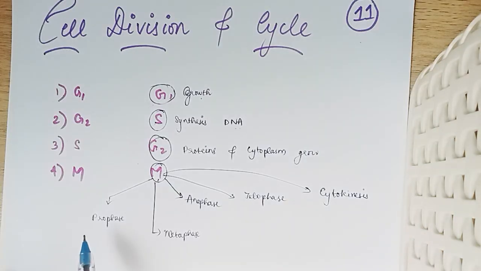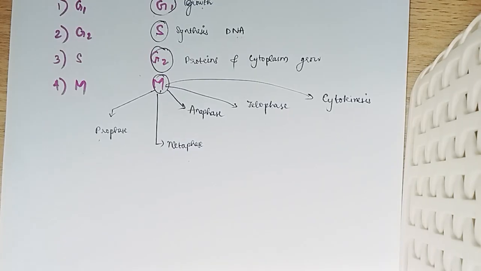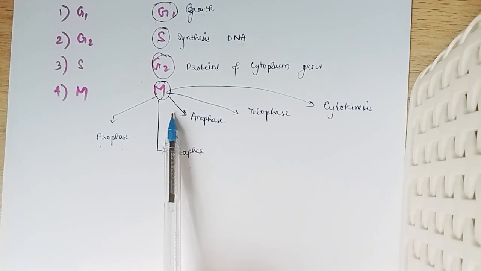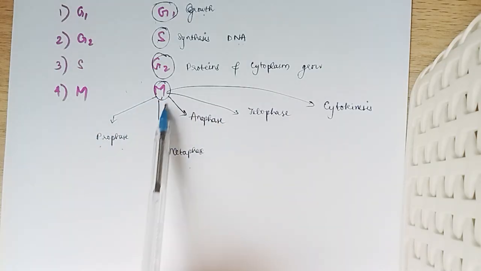So, what are prophase, metaphase, anaphase, telophase, and cytokinesis? These are the 5 divisions of the mitotic phase. So, these happen during the mitotic phase.